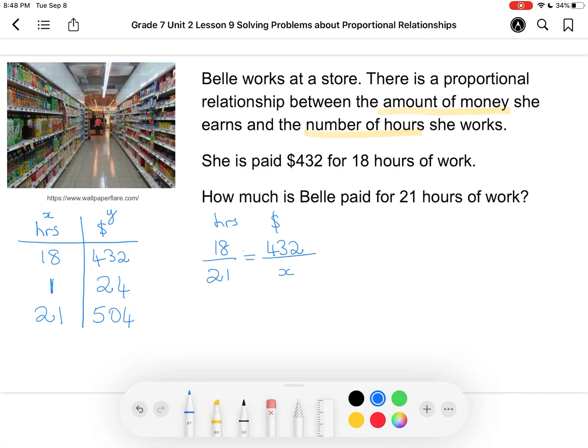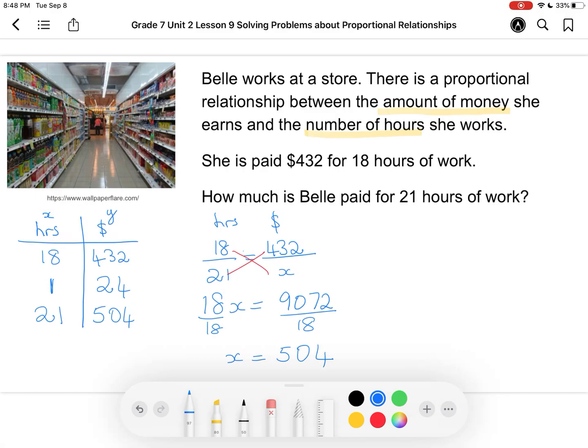So I can set up a proportion like this, and then I can cross multiply and get 18x is equal to 9,072, which is 432 times 21. And then I can divide both of these by 18 to get the value for just x, and I get x equals 504.